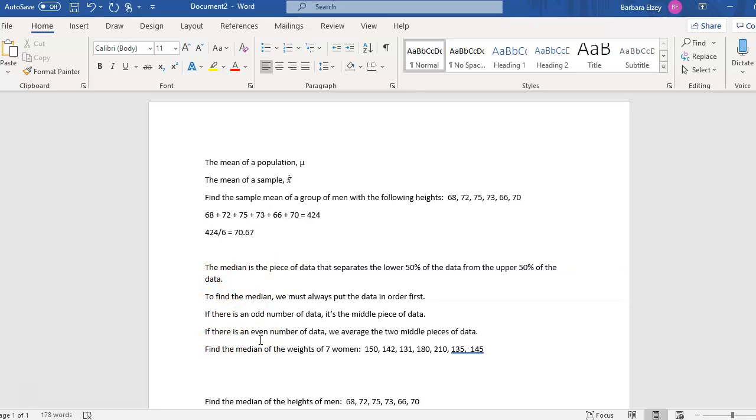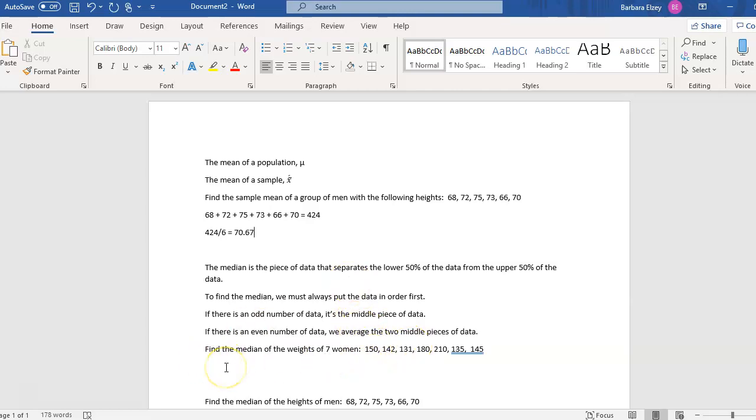The first thing we've got to do for the median is we've got to put all the data in order. Always got to put that data in order. If we have an odd number of data, it's going to be directly in the middle of all of our data. If we have an even number of data, we're going to average together the 2 middle pieces of data. So let's take a look at both of those instances.